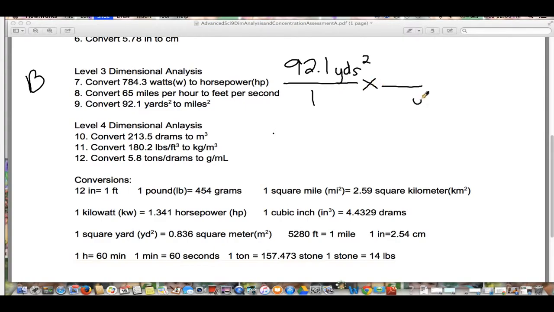All right, so yards squared is going to drop down, and from yards squared, we can go to meters squared. Okay. We don't have a meter squared, but we have a kilometer squared, so here's how you're going to do this. You're going to go meter to kilometer. So there's one length. I'm going to go again, meter and kilometer. The reason I have to do this twice is anything that's squared is going to be telling us area.